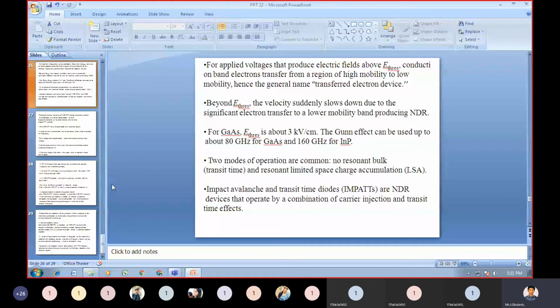Impact avalanche and transit time diodes are NDR devices. These two devices operate by a combination of carrier injection and transit time effect.